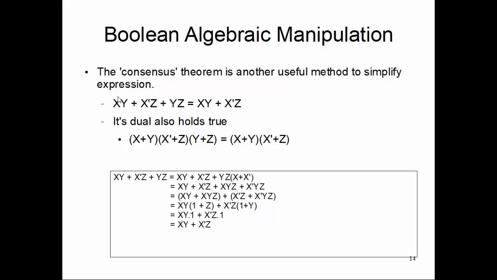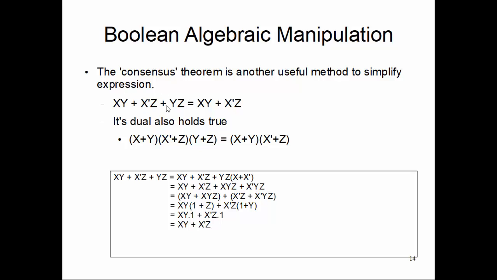So y is ANDed with the uncomplemented form of x, and z is ANDed with the complemented form of x, and then in the same expression we are ORing with the term yz.